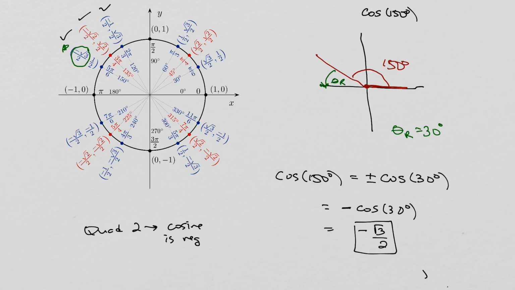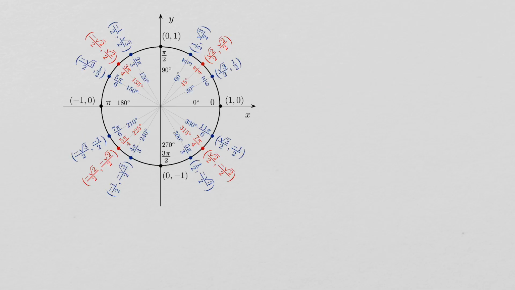Okay, let's do a couple of others here. What if I wanted, let's say, cosine of 5 pi over 4? Again, just reading that off the chart, it should be negative square root of 2 over 2. So again, let's see if we can get that answer.